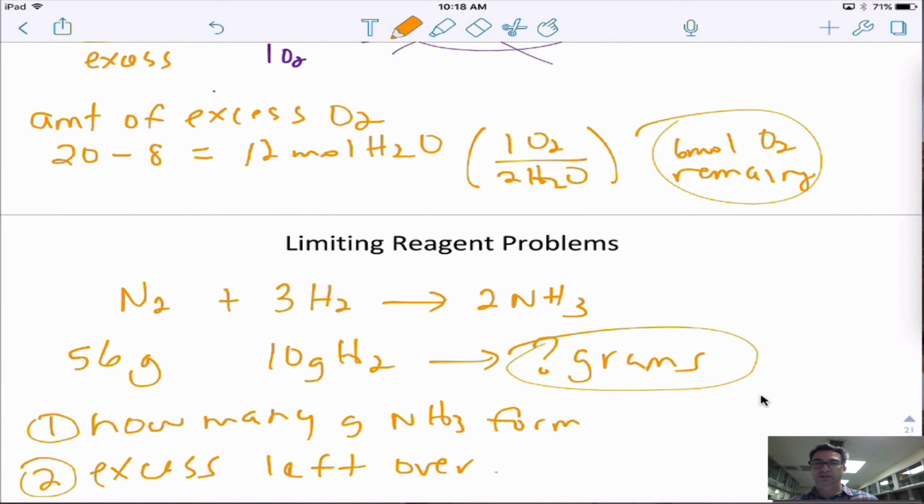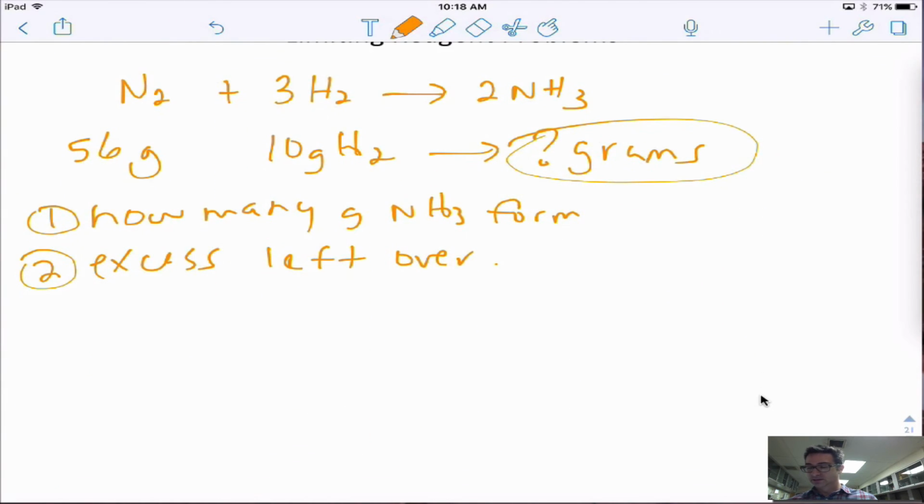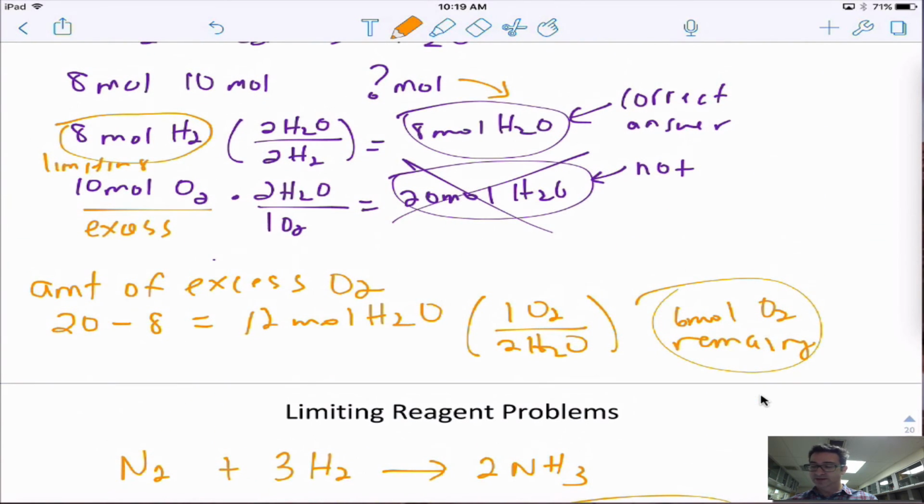Those are the two types of questions that we're going to be asked. So that's limiting reagents. We'll practice a bunch of them in class, but you got to go through and do the same problems we've been doing before, except now we do them twice. We see which one's less, that's the correct answer. We subtract the two answers, we find the difference in the moles of the product, we work backwards to find out how many moles remain.